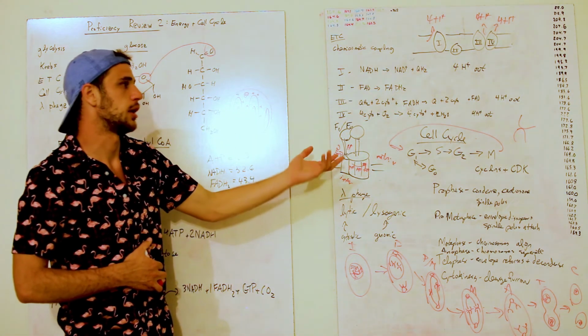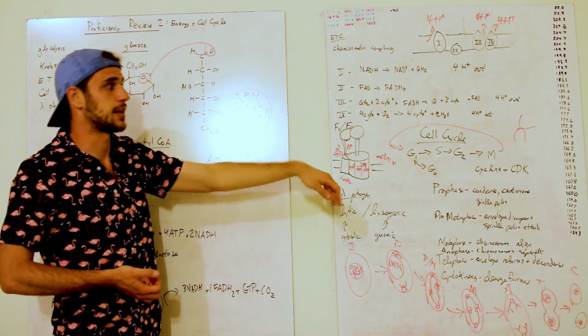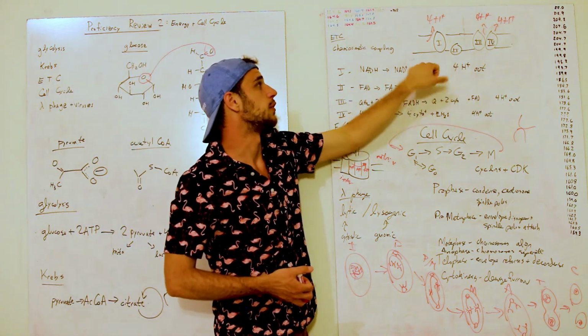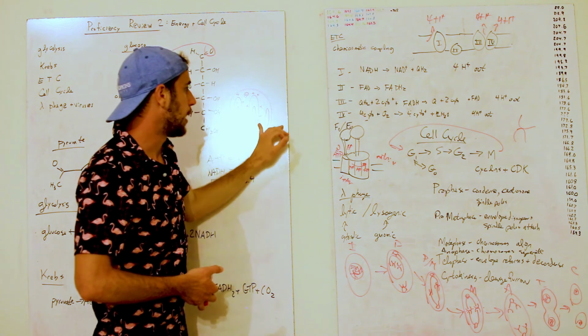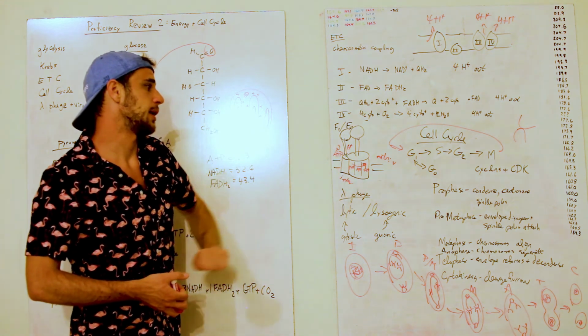They get transported using some different symporters and antiporters, which will be covered next time in the proficiency review. And then all these have their own purpose of moving protons out, and then they go through the F0, F1 complex and make ATP.